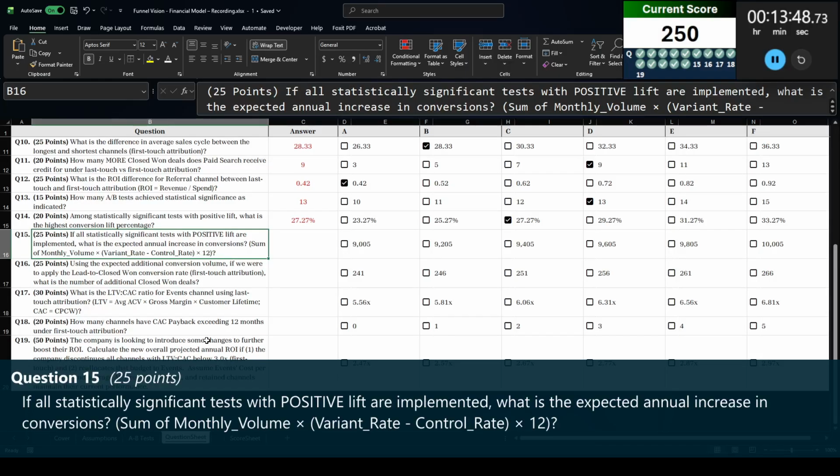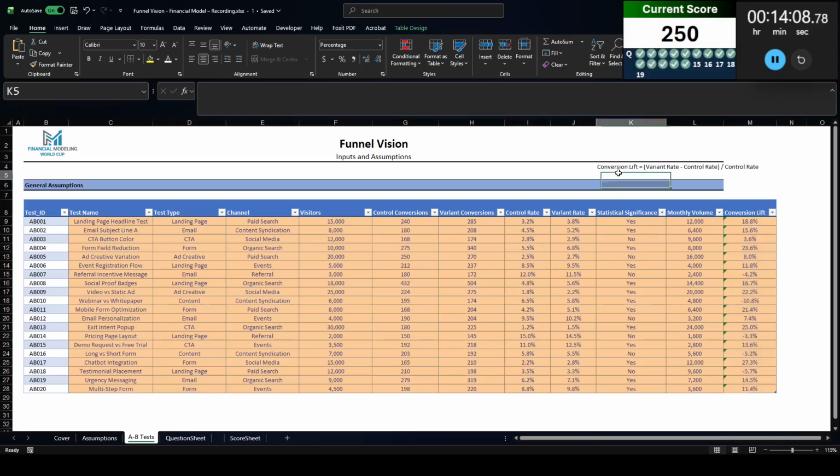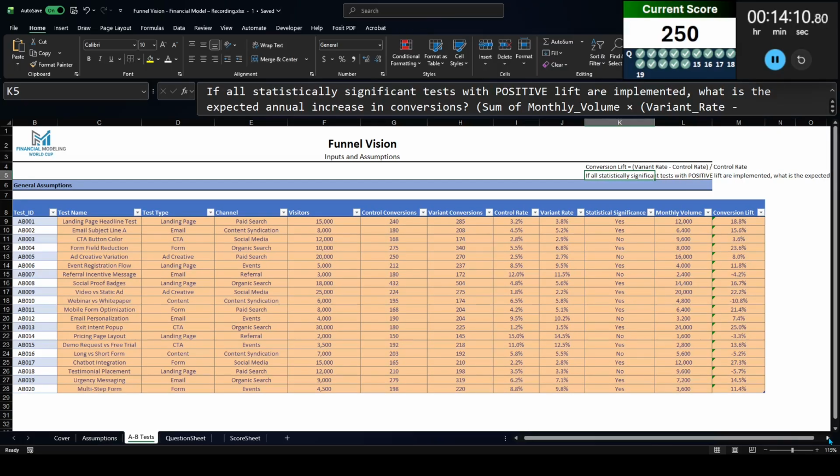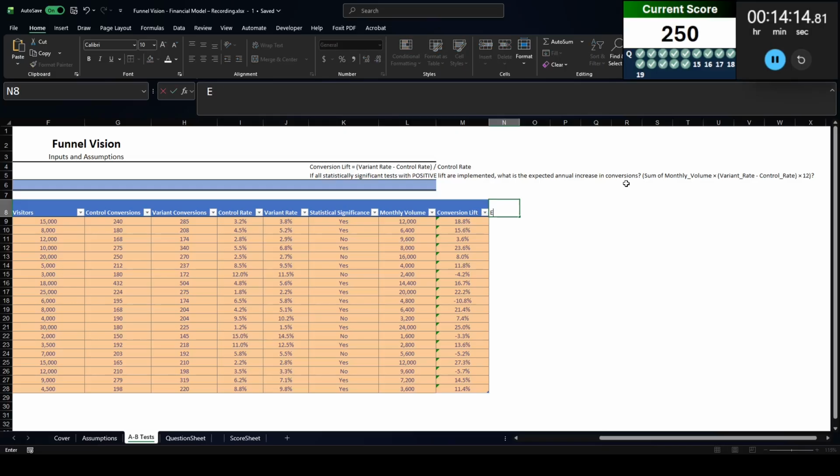Question 15. If all statistically significant tests with positive lift are implemented, what is the expected annual increase in conversions? And we're going to sum monthly volume times variant rate minus control rate times 12. So let me copy this question here because I want to use that formula once again in this table. So we are looking at expected increase in conversions.